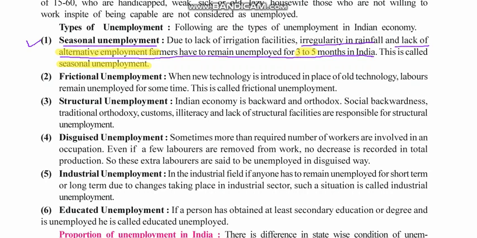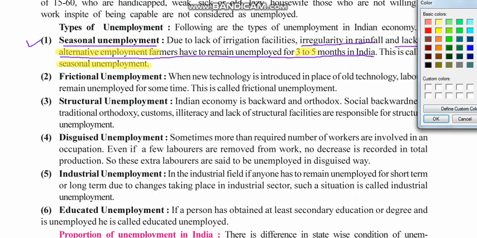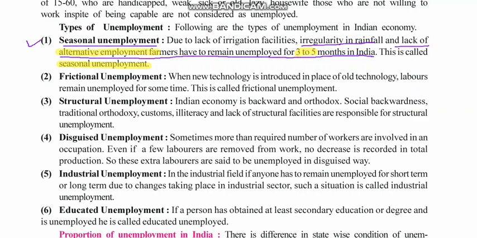Okay, the next one is frictional unemployment. Now friction means to rub. When new technology is introduced in place of old technology, laborers remain unemployed for some time. This is called frictional unemployment.